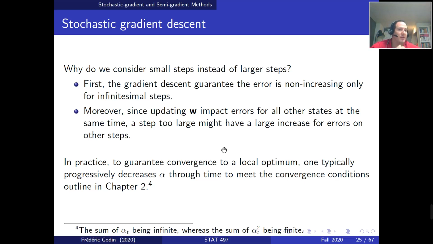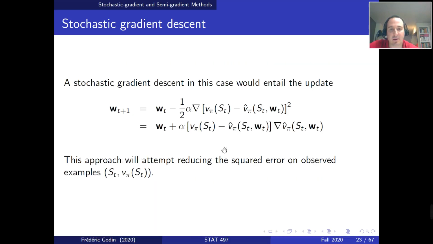Furthermore, one issue that we discussed in the previous lecture is that the parameter vector W impacts not only one state at a time, but many states at a time. Let's go back to the update rule. When we apply it, we move the parameters in a direction such that our approximation of the value function for state st becomes closer to the true value function in st. But what about other states?